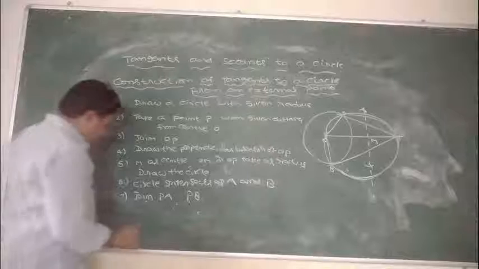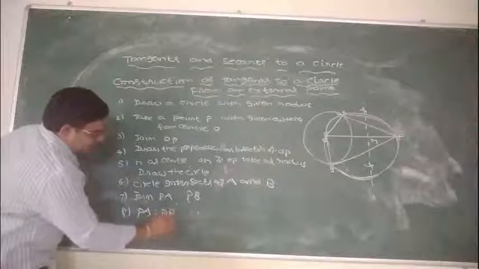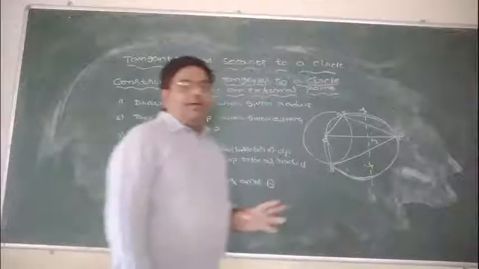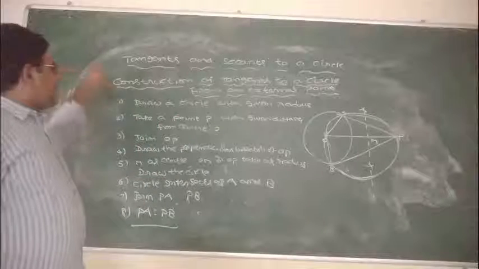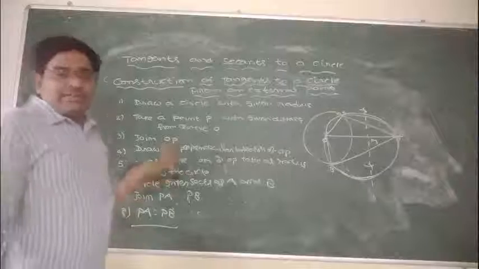Then here you observe PA equal to PB also. That means PA and PB are called the tangents of the circle. What is this concept? This is the construction of tangents to a circle from an external point.